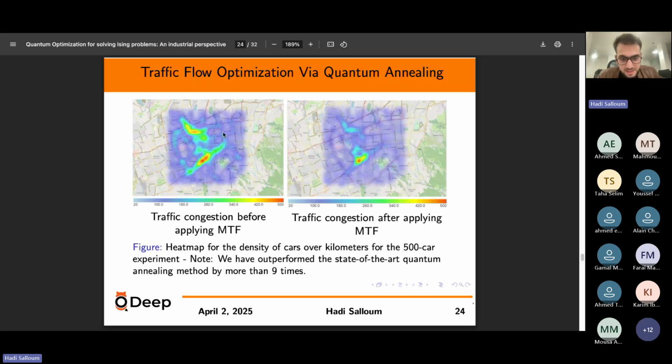If you see here, the left side is traffic congestion before applying our algorithm, MTF, multi scale traffic flow, and here is after applying. You see it's almost finished. But this is the worst case scenario, because traffic flow is real time, so we are showing the worst case, which maybe will not even happen, and the probability is very, very small.